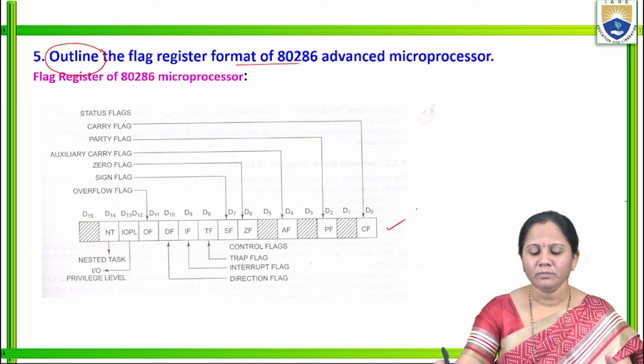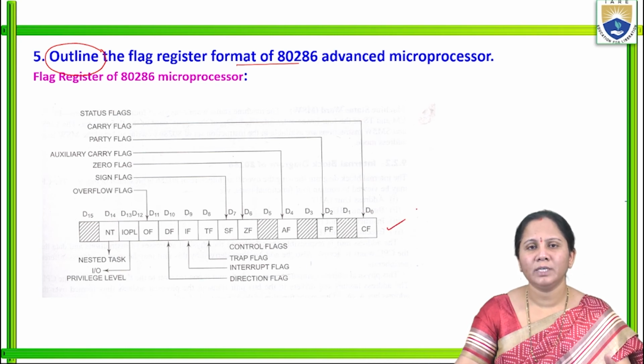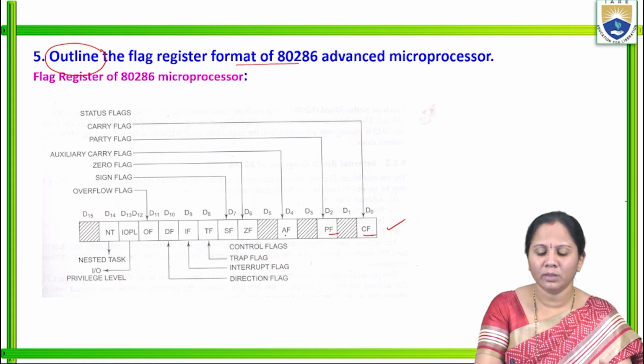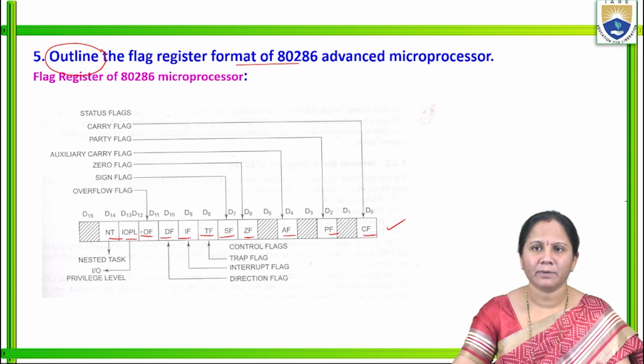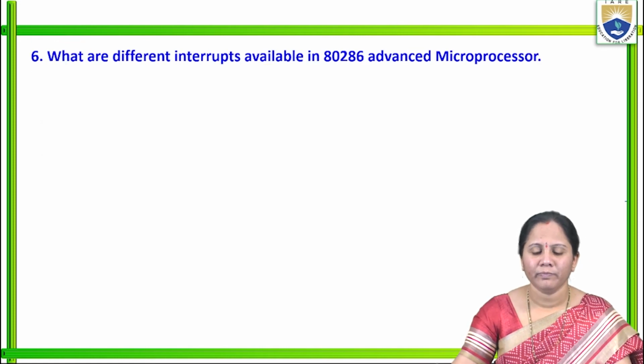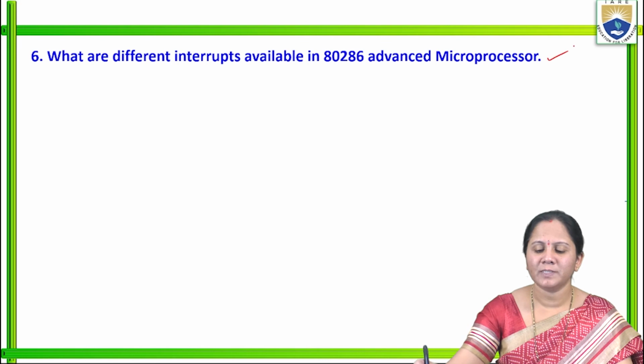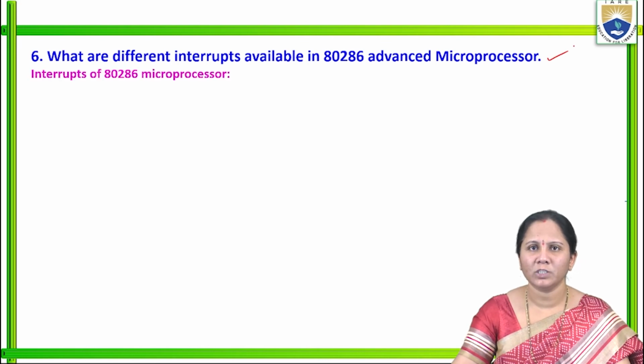The flag register of 80286 is a 16-bit register, and we have to indicate all the different flags that are available inside this register. And what are the different interrupts available in the 80286 advanced microprocessor?